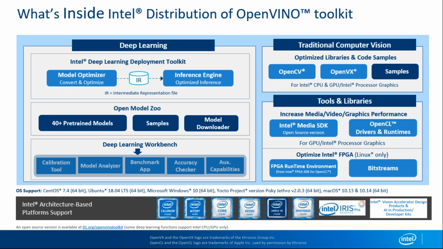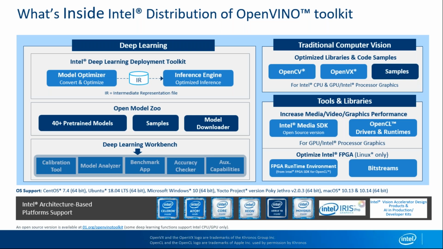And we have the model downloader to download the Intel pre-trained models from the internet, or also to download some open source models like AlexNet, SqueezeNet, Inception V3. This downloader is a Python script that can help you download the right version for a specific model.